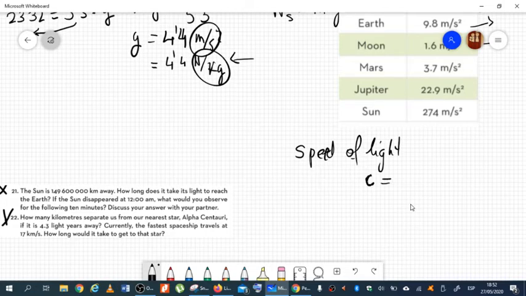The speed of light is 300,000 kilometers per second. Can you imagine this quantity? 300,000 kilometers in 1 second. This is the speed of the light. Okay? Light speed.